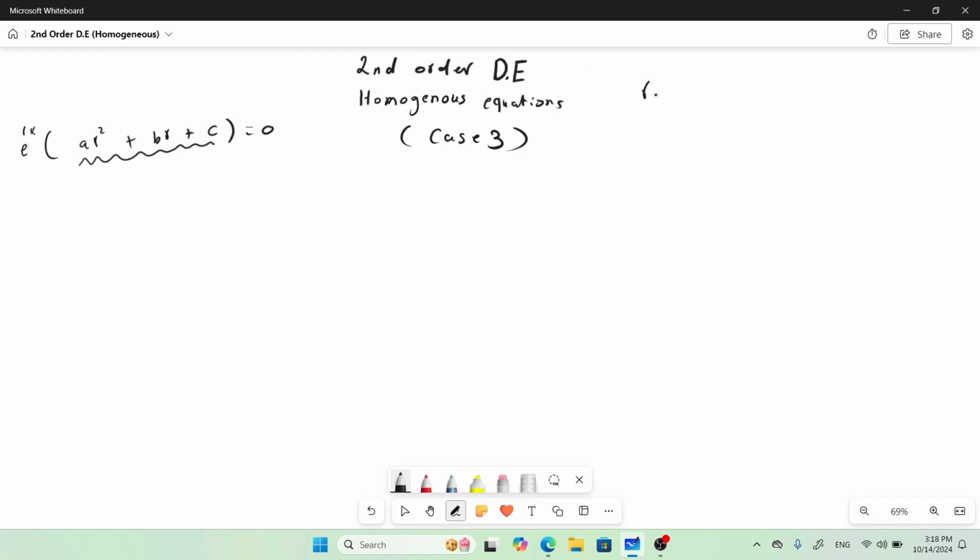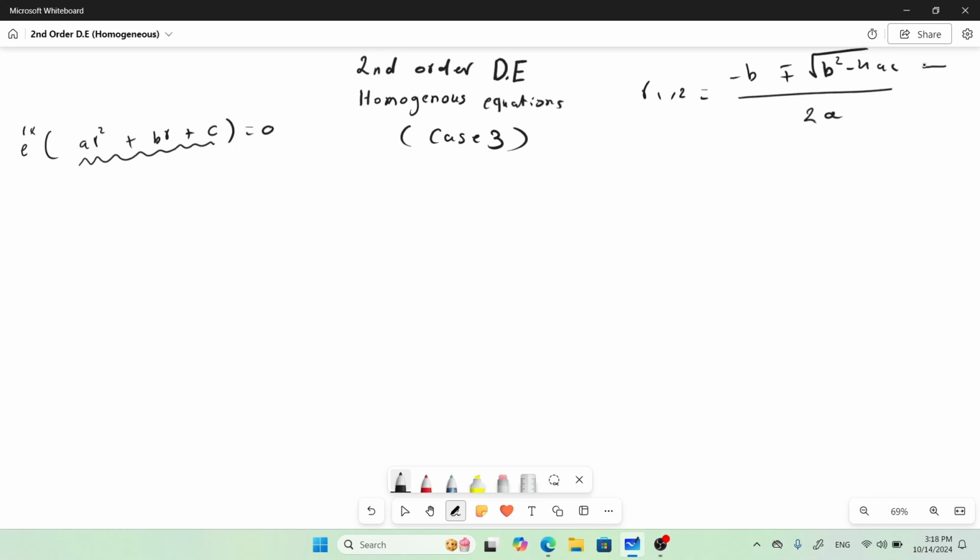Therefore we used the quadratic formula, which states r equals minus b plus or minus the square root of b squared minus 4ac, divided by 2a.